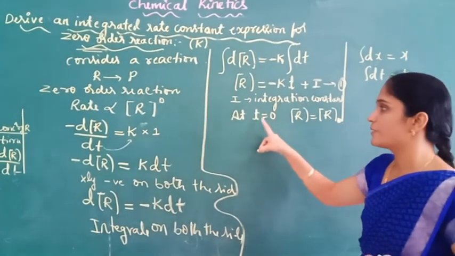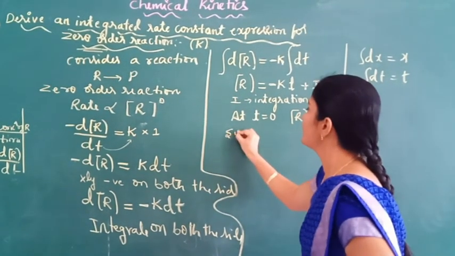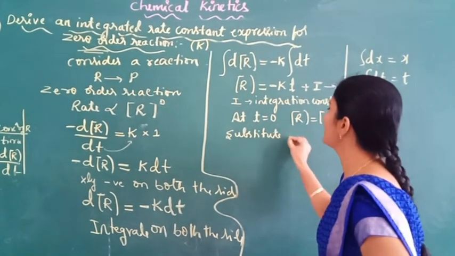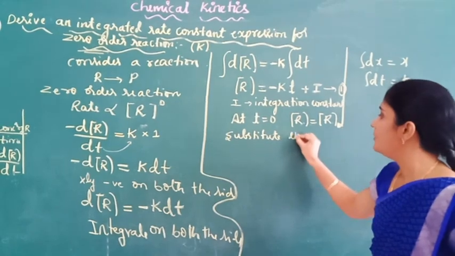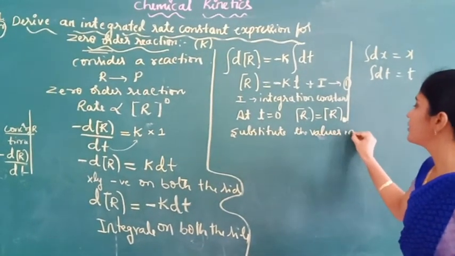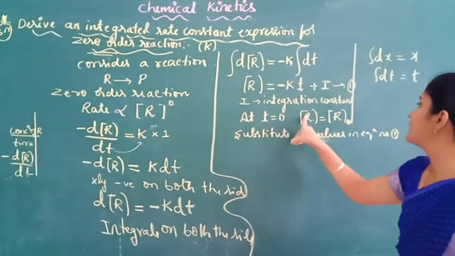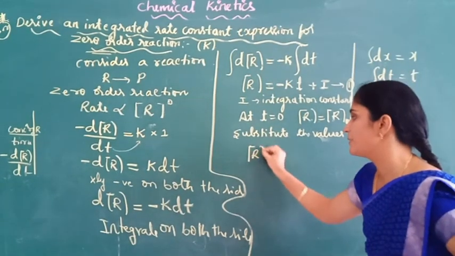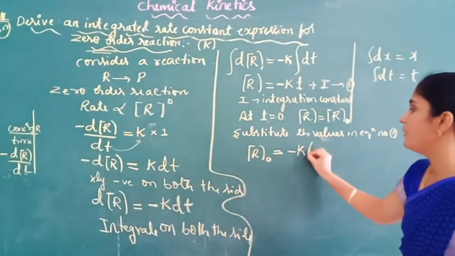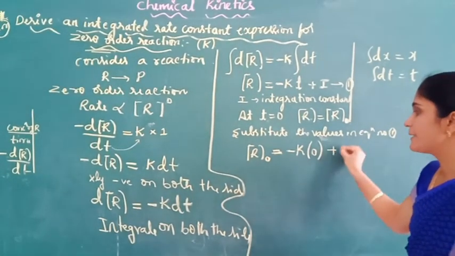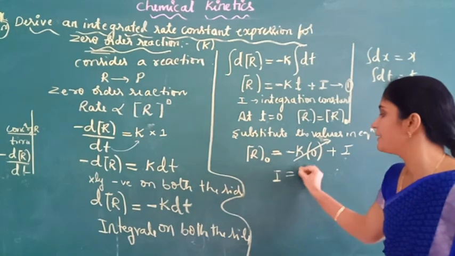So we get R naught equals minus k into 0 plus I. k into 0 is 0, therefore I equals R naught.